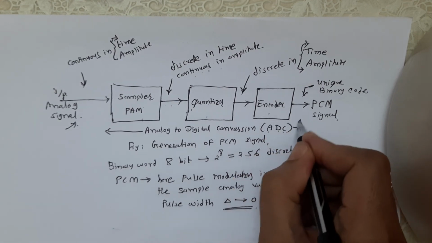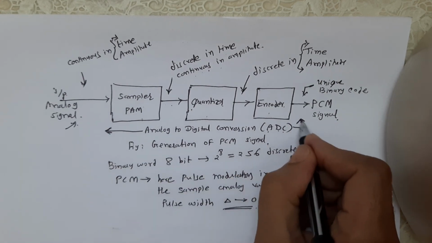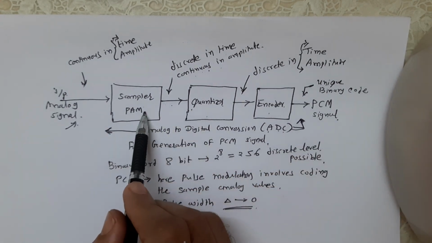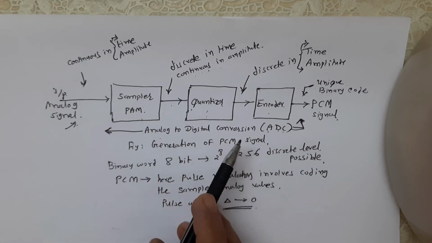This is the process with the help of sampler, PAM, quantizer and encoder. This analog signal is converted into the form of digital.